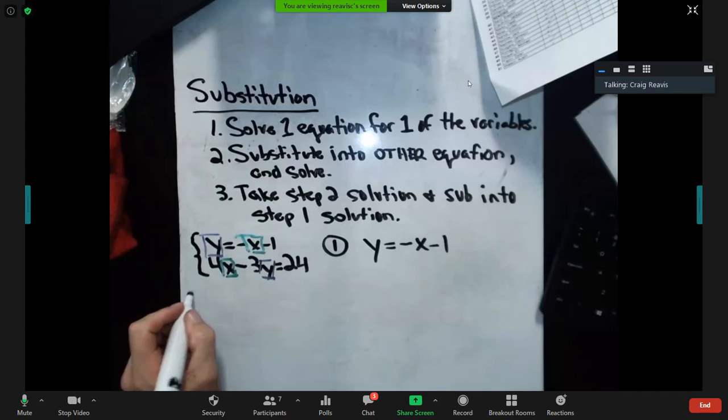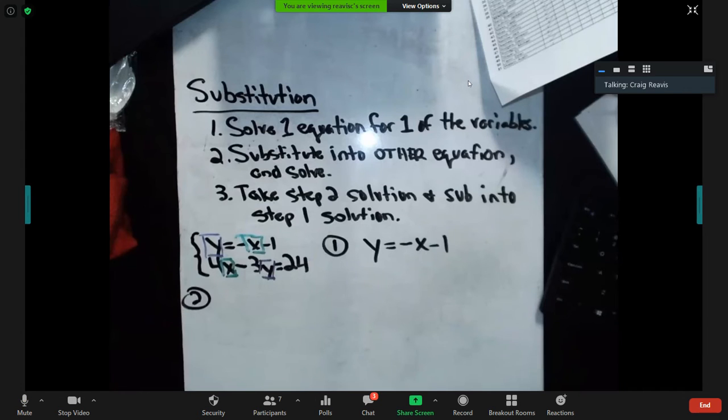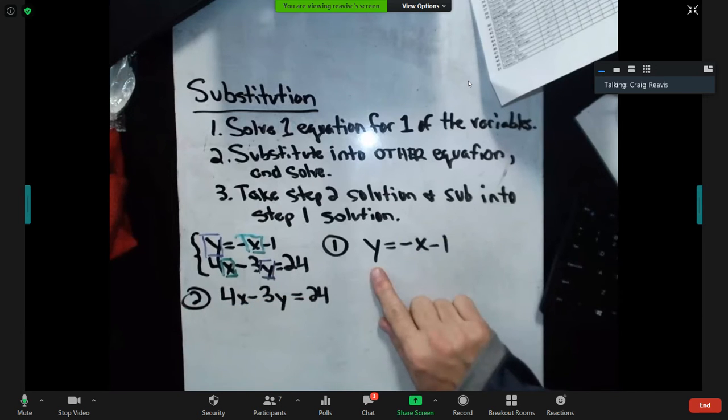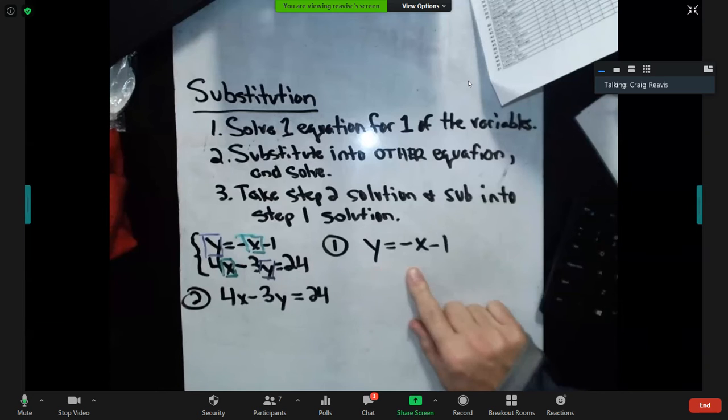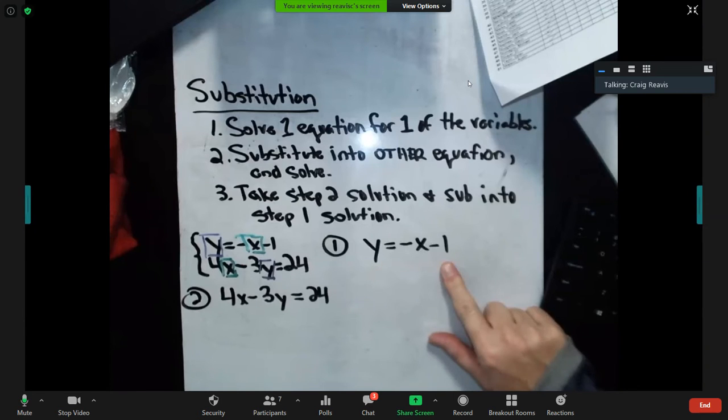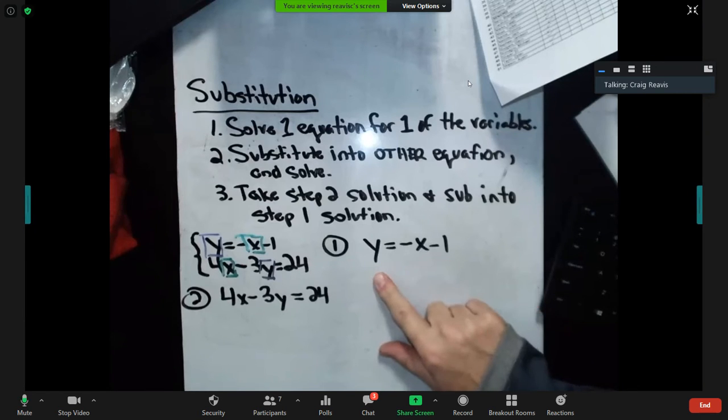Step two says you take the other equation. So I'm going to take the equation I have not used yet, which is 4x minus 3y equals 24. And because I have y equals negative x minus 1, that means negative x minus 1 is equal to the same thing as y.